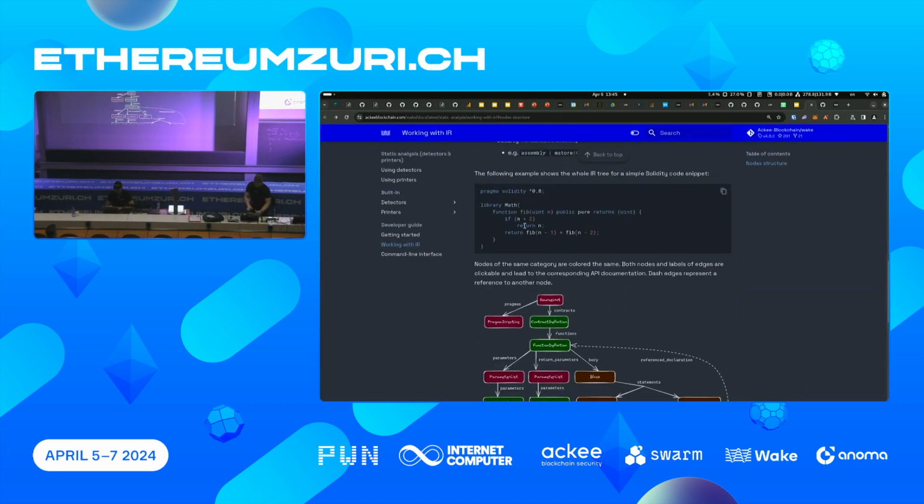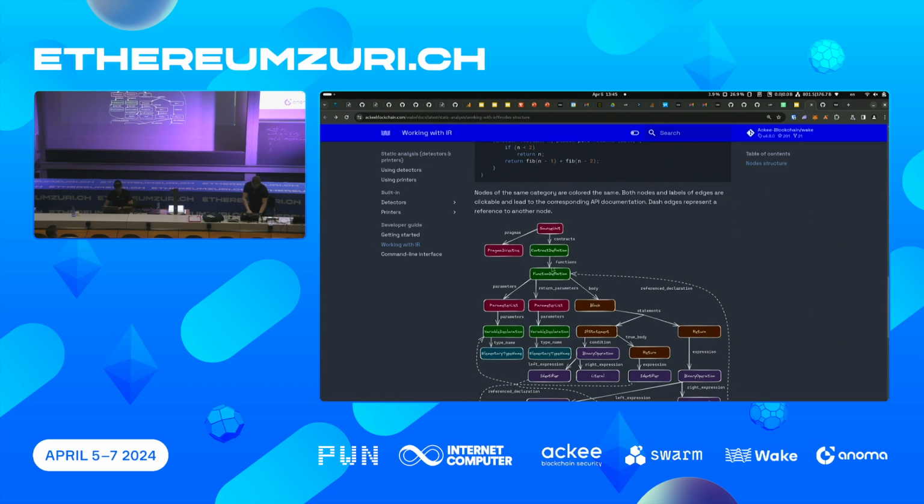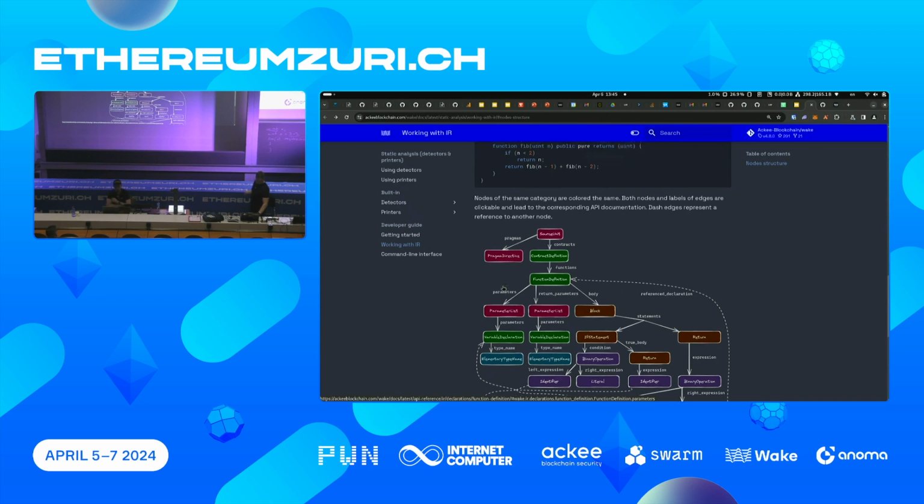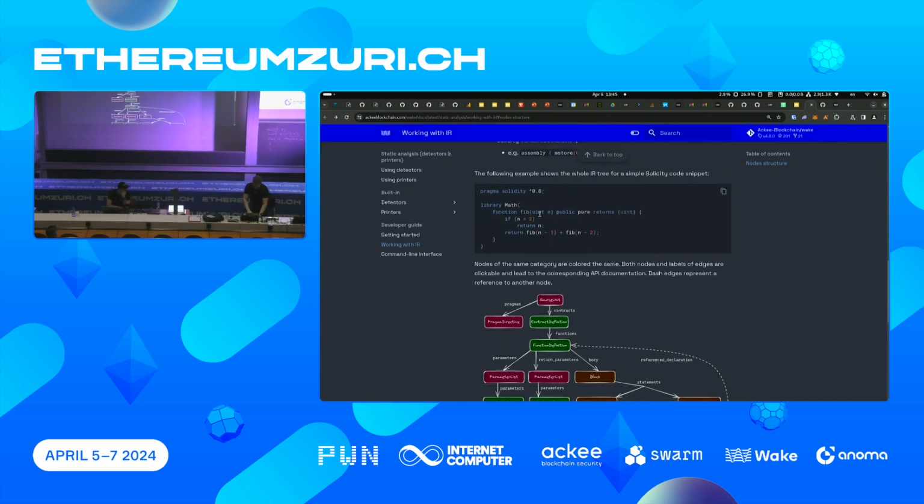Inside that library, there's a single function called fib, like Fibonacci. As you can see, there's a single node of the function definition kind that defines that function. There are two parameter lists. The first one is for input parameters, and the second describes the return parameters. The return parameters are also parameters.